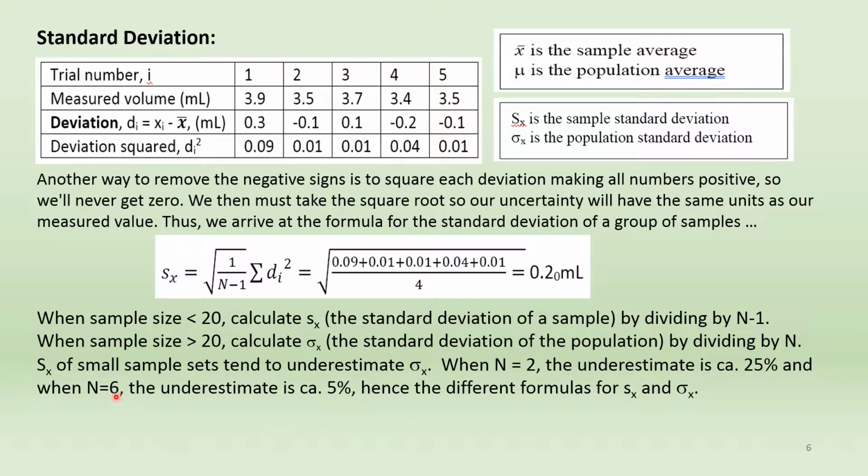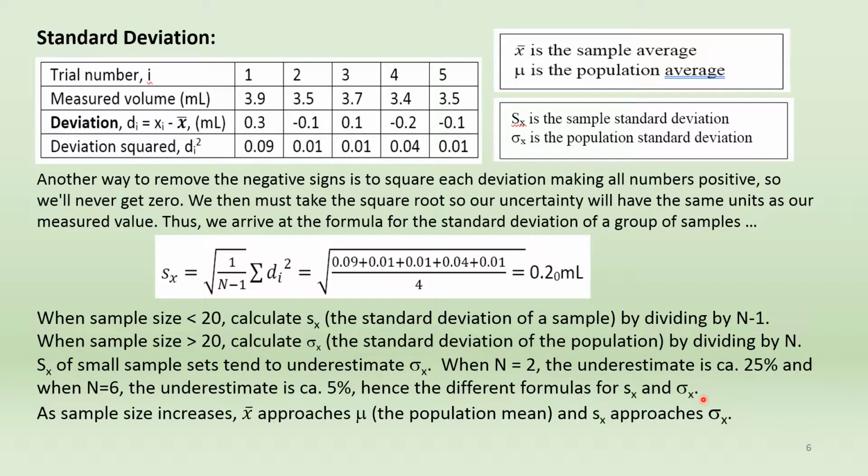Well, it turns out that the standard deviation of small sample sets tends to underestimate the population standard deviation. For example, when the number of samples is only 2, the underestimate is about 25%. And when the number of samples reaches about 6, the underestimate has reached about 5%. And hence we have different formulas for sample standard deviation and population standard deviation.